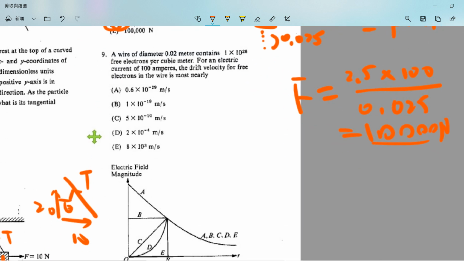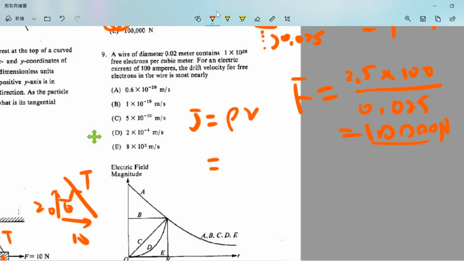Number 9. A wire of diameter 0.02 meters contains 1 times 10 to the 28 free electrons per cubic meter, and in an electric circuit its current is 100 amperes. What is the drift velocity? Remember the old formula J equals rho v.